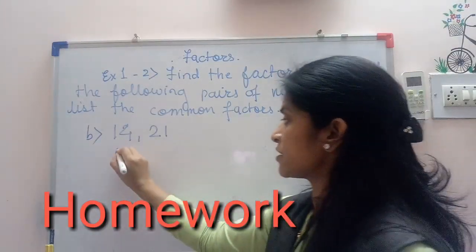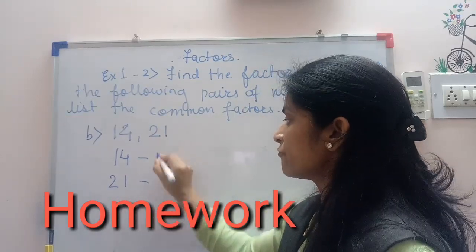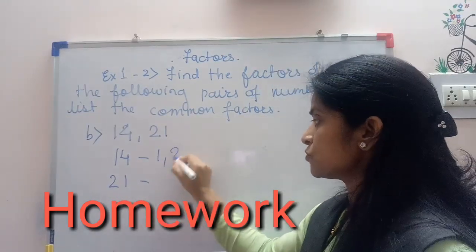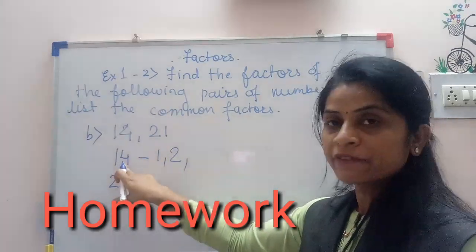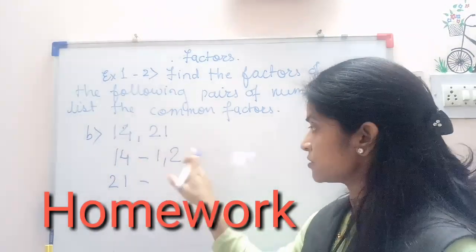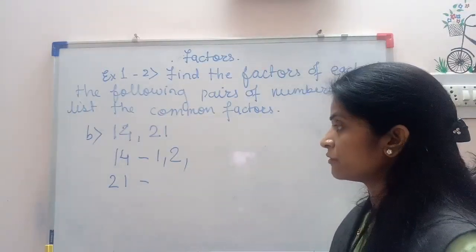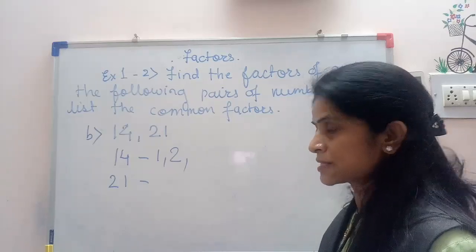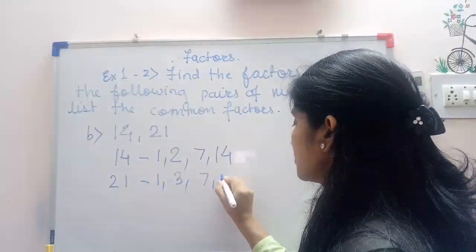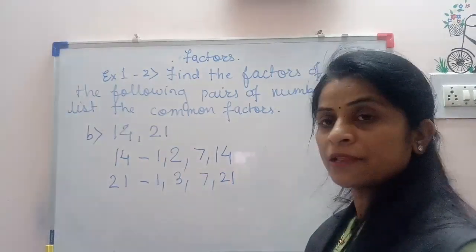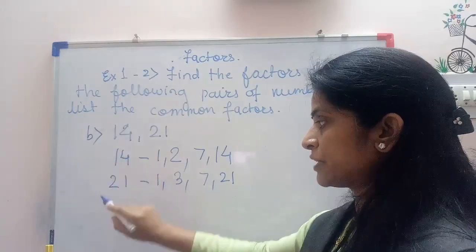First of all, we have to find the factors of 14, after that 21. Now 1, 2, 3, when we divide it by 3, we get a remainder, so 3 is not a factor of 14, 4 no, 5 no, 6 no, 7 will be in 21 also. So these are the factors of 14 and 21.